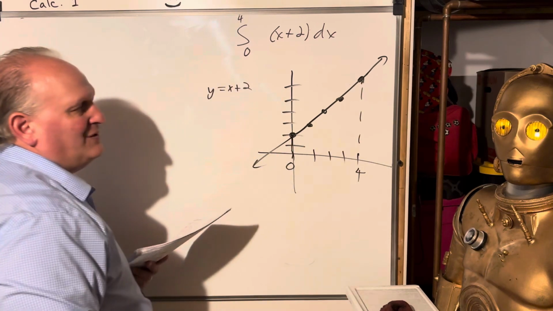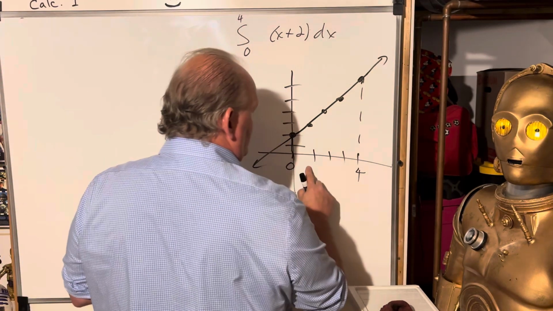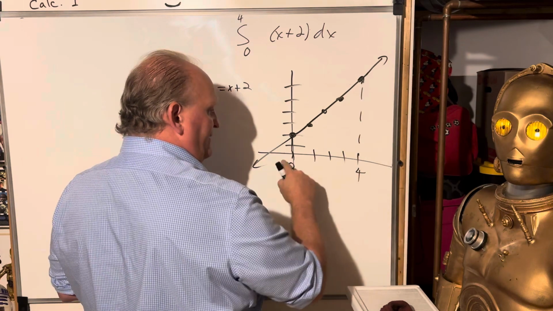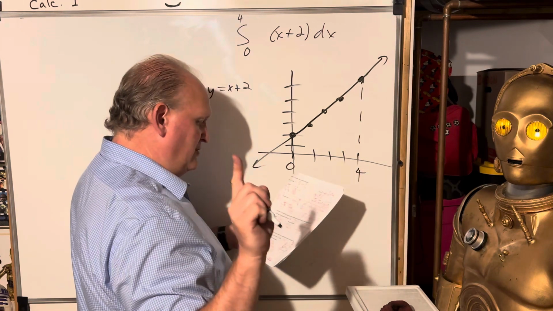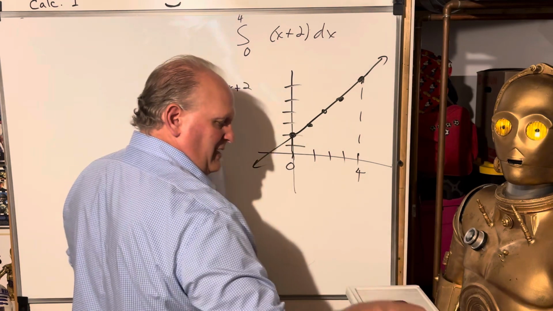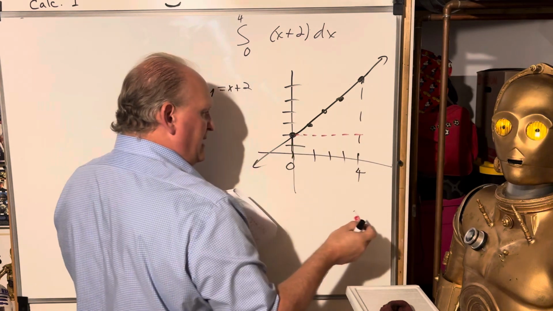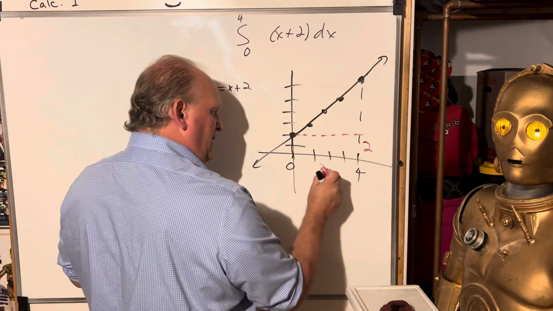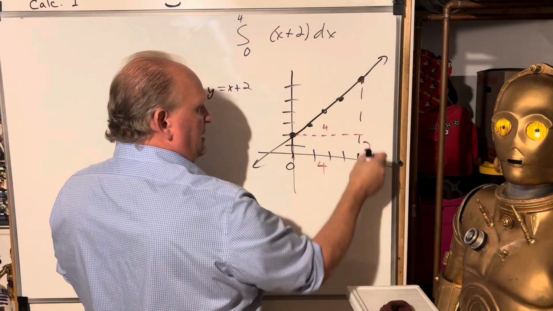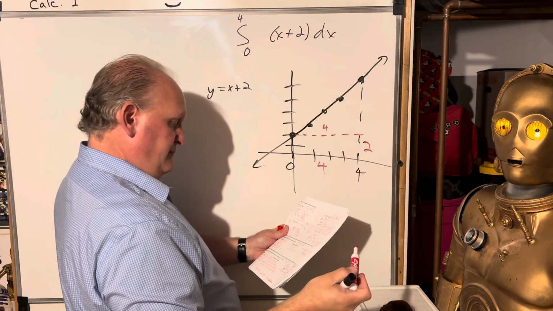And so there's a couple of ways we could do this. It's a trapezoid. So you could say base 1 plus base 2 times 1/2 the height. That's one way to do it. And if you forgot about trapezoids, that's okay. This is easy to do geometrically this way too. You can break it into a rectangle that's 2 by 4 and a triangle that's 4 by 4.